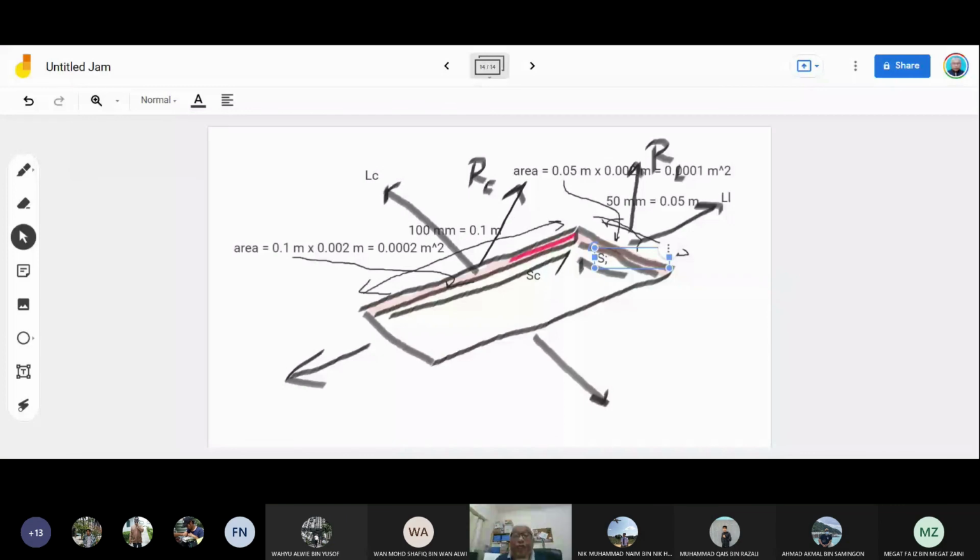So it's simple. Again, load will be stress, FTU, times area.